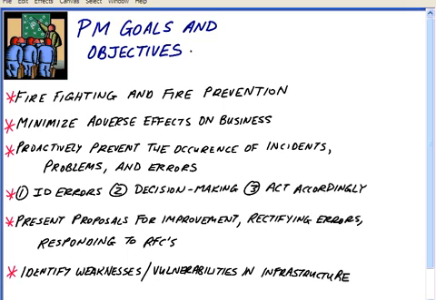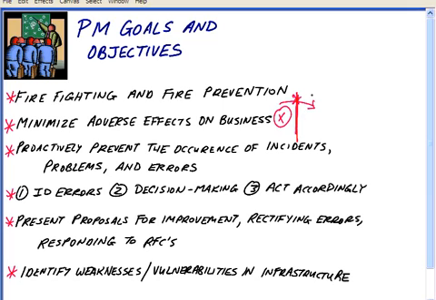A major goal is to minimize the adverse effects of problems and incidents on our business. Along with this is the concept of a firewall. You want to put a system in place so that if you have an outbreak in one area of the organization or the business, it's not going to spread into another area of the business.